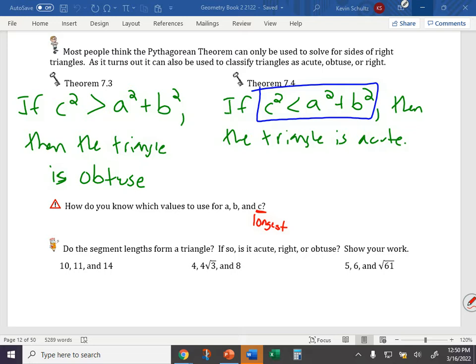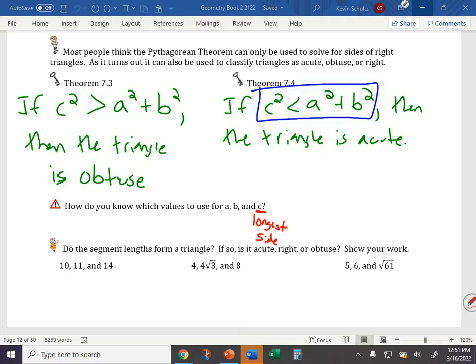But even though it's not called the hypotenuse, because it's not a right triangle, your c value would still be the longest side. And since you know what all three sides are, you can easily figure out which side is the longest.